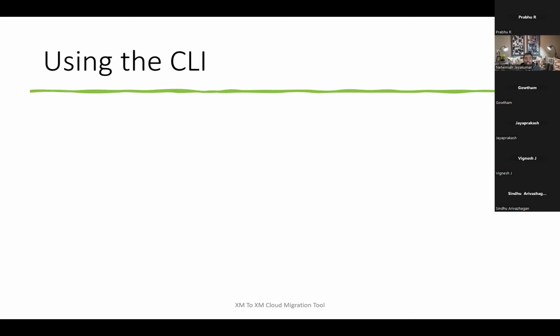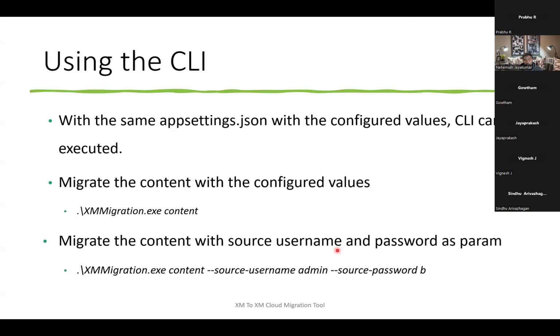Okay. And the same thing applies to the content that you want to migrate. Whatever you selected from the GUI will be stored in the JSON file. So if you use the migrate content command, it is just going to migrate whatever the configured values in the JSON file are to the target system.